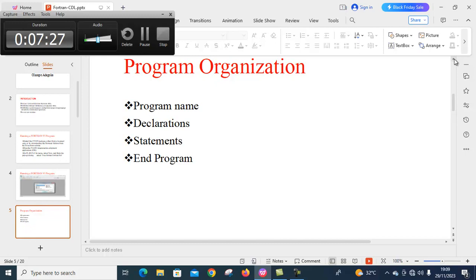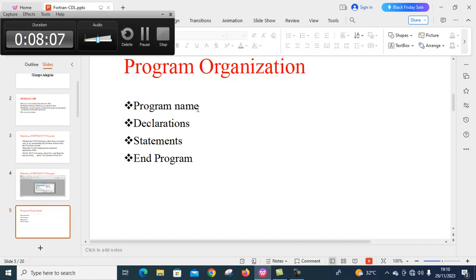The first one there is the program name. Whenever you want to write any program in Fortran, there must be a name. So you start with the program name. Maybe you're asked to write a program to calculate area of a circle. You can just make the program name to be, let's say, area of a circle.